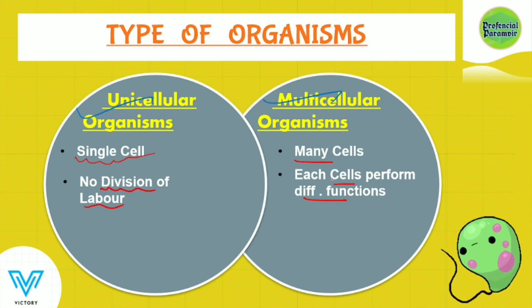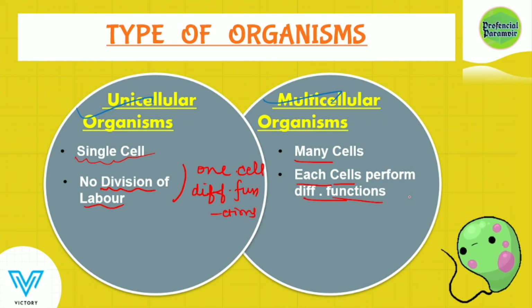What is division of labor? Division of labor is when each cell performs different functions. In unicellular organisms, only one cell performs all the functions.